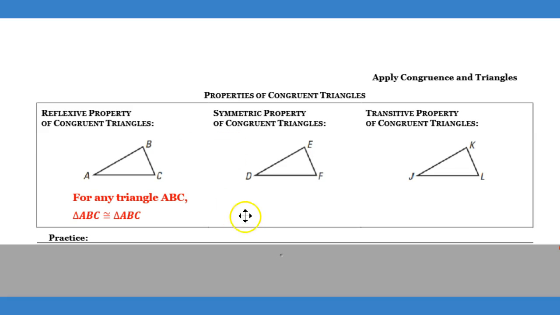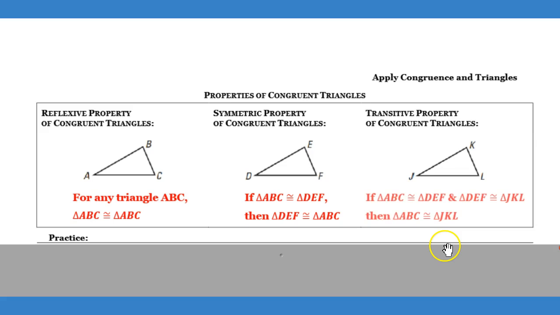Our symmetric property tells us that if ABC is congruent to DEF, then we should be able to flip that around, and DEF is congruent to ABC. It just means that you can write it both ways, and it still says the same thing. And the transitive property of congruent triangles says that if ABC is congruent to DEF, and DEF is congruent to JKL, then ABC must also be congruent to JKL.